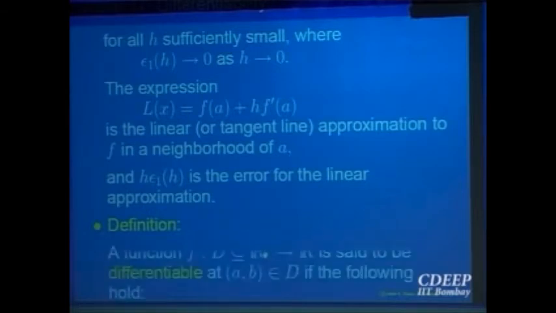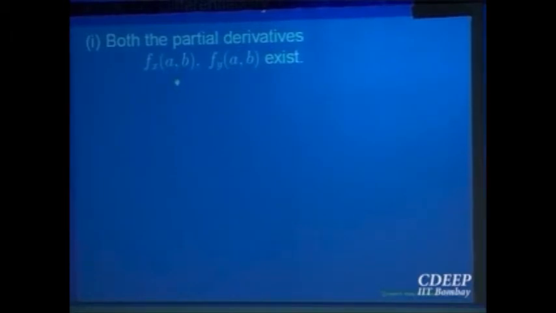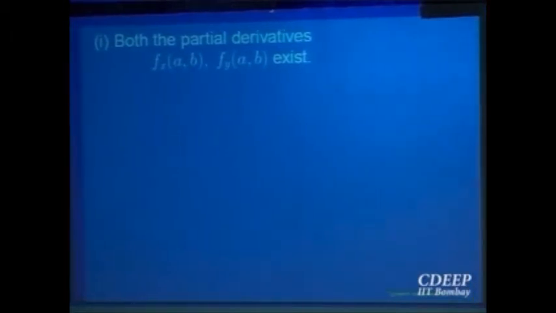So the idea is, suppose we have a function of two variables defined in a domain D, and (a, b) is a point in the domain. We want to say what it means for the function to be differentiable at the point (a, b). We'll say it is differentiable provided the following happens. First of all, both the partial derivatives should exist at that point, so that you will be able to approximate in each direction.